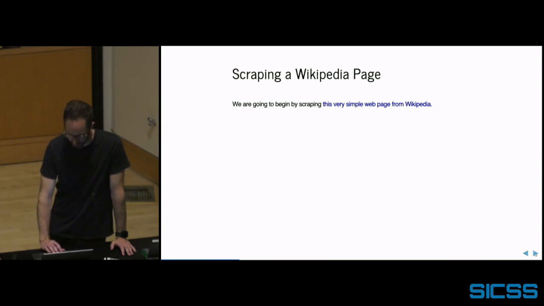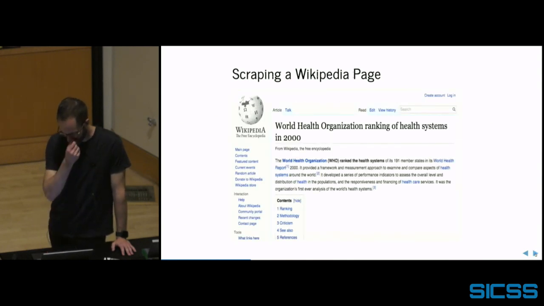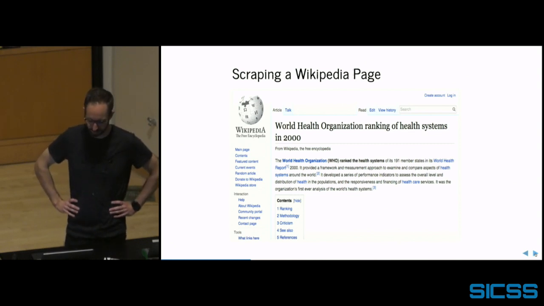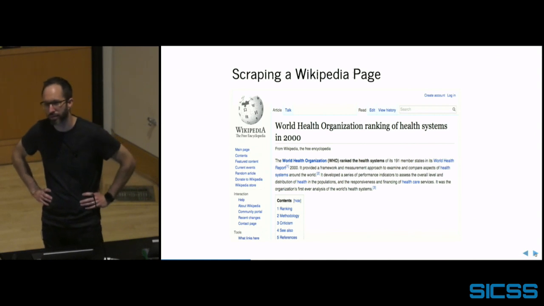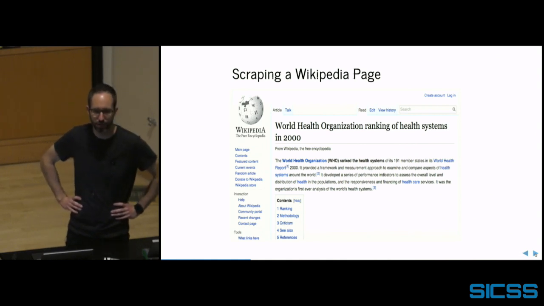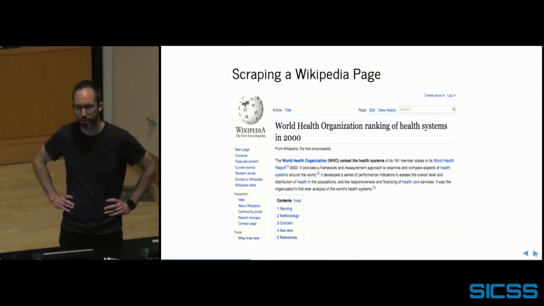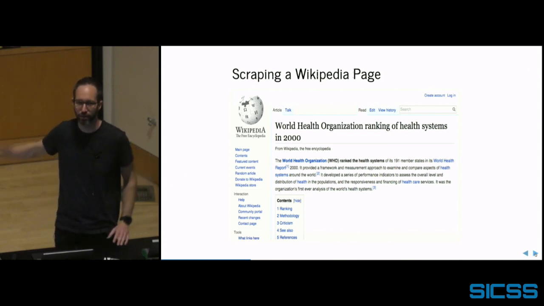Okay. So if you've now gotten to that web page, you're seeing something like this, the World Health Organization ranking of health systems in 2000. I've chosen a really arbitrary example, health and international health. And I've intentionally chosen what is a very simple web page.